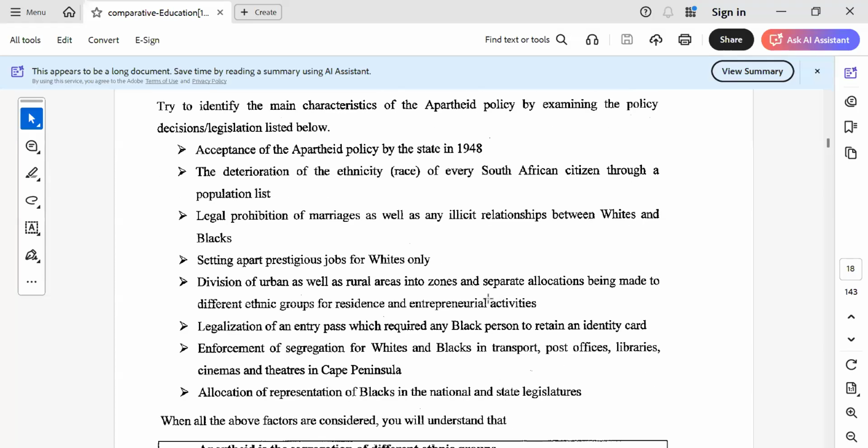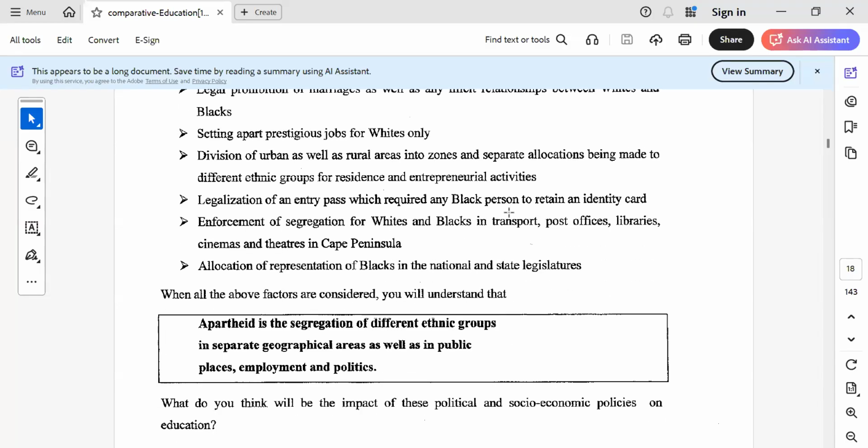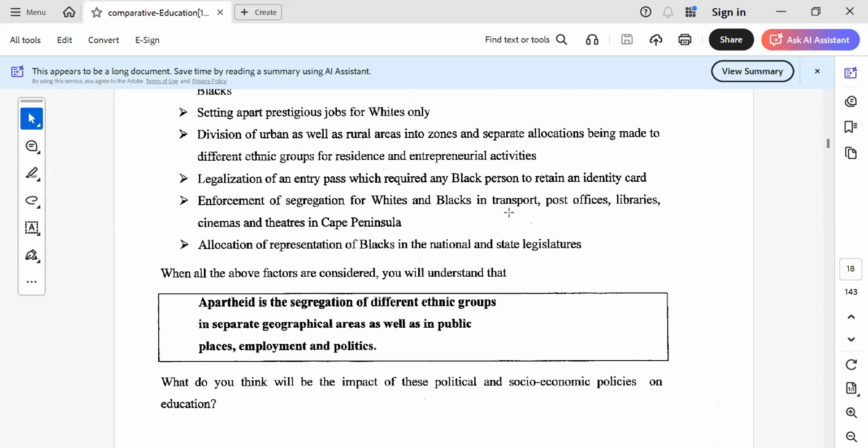So allocation of representation of blacks in the national and state legislatures, representation. So a percentage is there, right? Apartheid is the segregation of different ethnic groups, right? They got the approval in 1948, but this apartheid policy segregates each and every ethnic group.